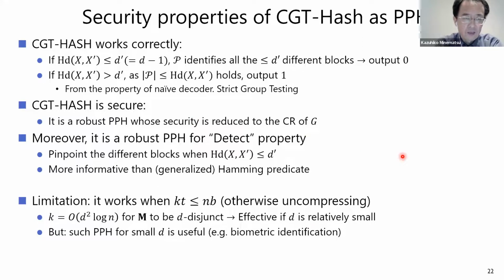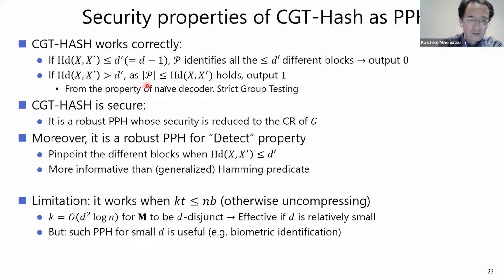This CGT hash-based PPH works correctly. Namely, if the Hamming distance is at most d', P identifies all the different blocks; that is, we learn the indices that differ between the two inputs, so we can correctly output 0.